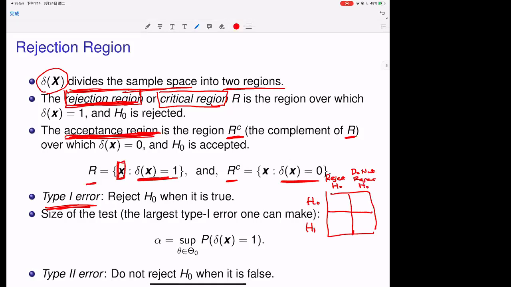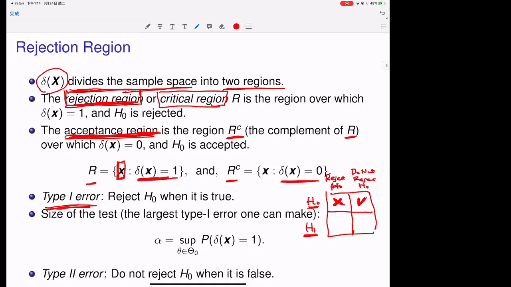And then when the null hypothesis is true and you reject the null hypothesis, then you make an error right here. Error. When the null hypothesis is true and you do not reject the null hypothesis, this guy is correct, making the right thing.